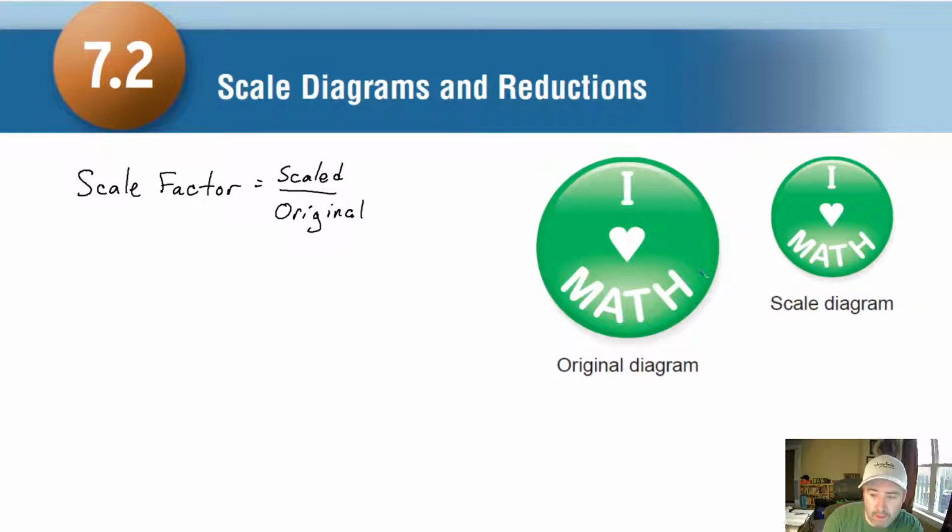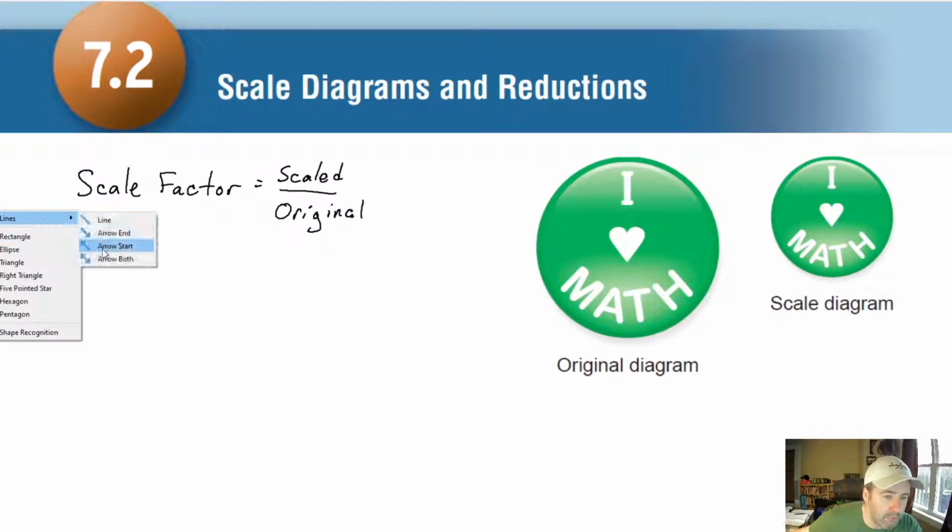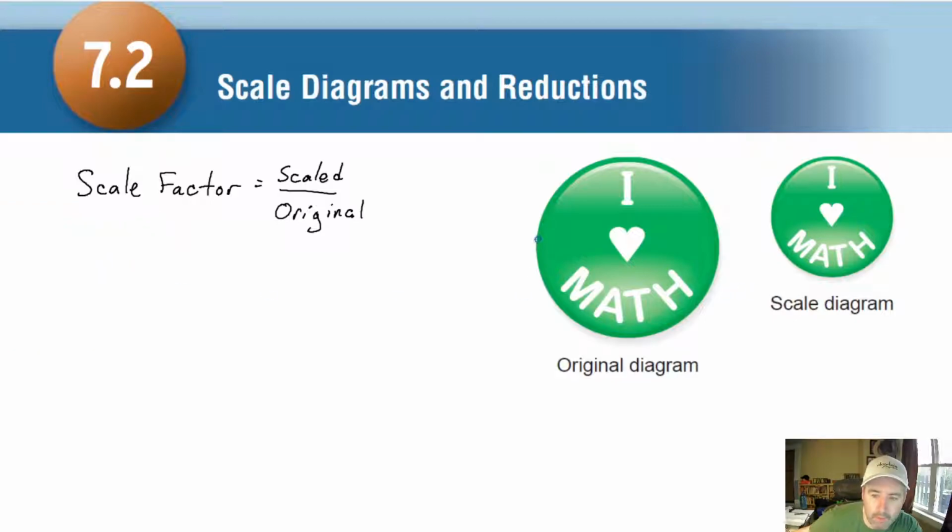Okay, so I've got here a couple of I Love Math buttons that I knew you guys would enjoy. And if we look at the dimensions on these, I'm just going to note the diameter. Okay, so from here over to here on the original, and from here over to here on the reduction.